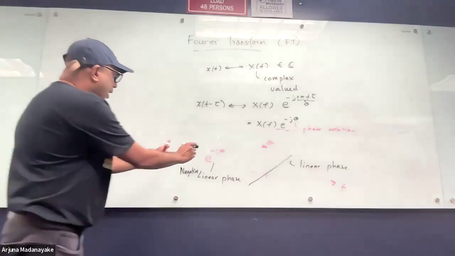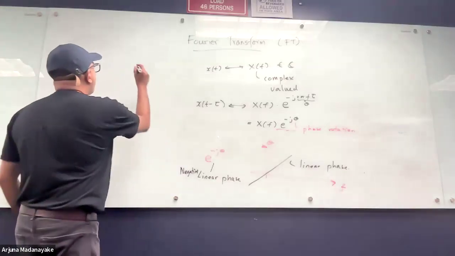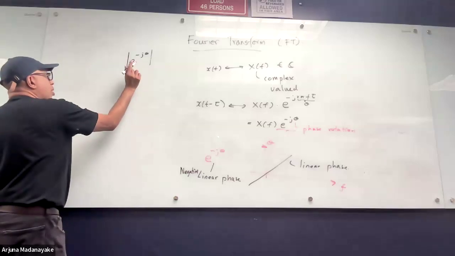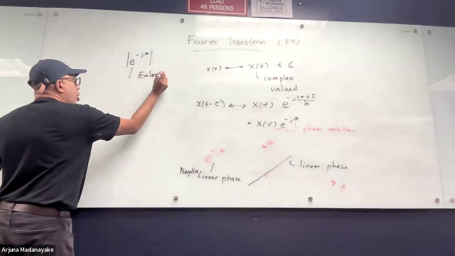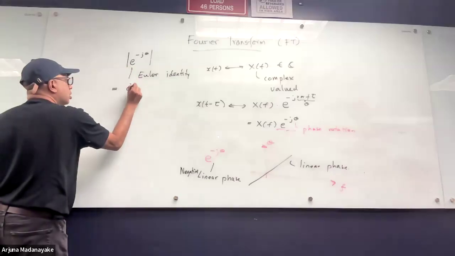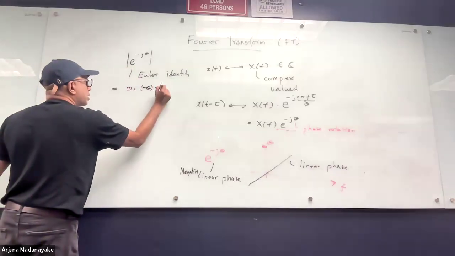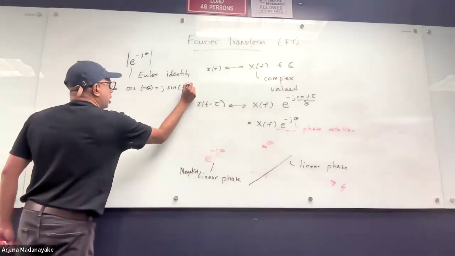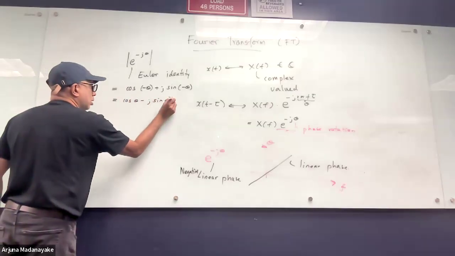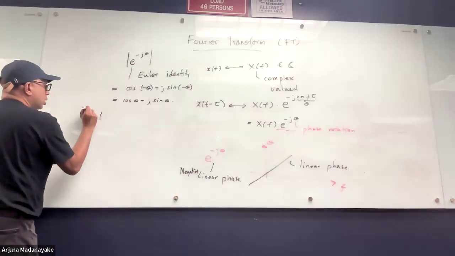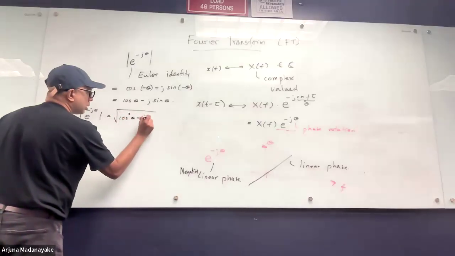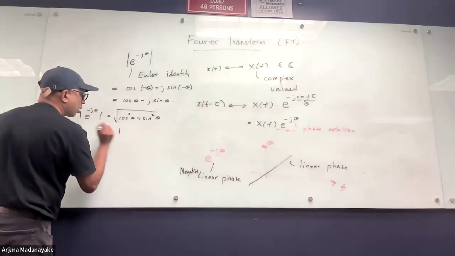Okay. So if I take this delay function and plot its magnitude, we know from the Euler identity that we can write this function as cos minus theta minus j sin theta, which is equal to cos theta minus j sin theta. So the magnitude of e to the minus j theta is equal to the square root of cos squared theta plus sin squared theta, which is equal to 1.